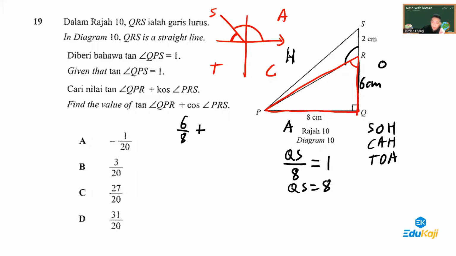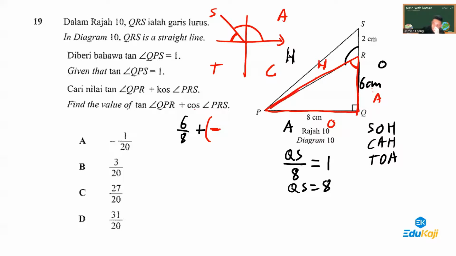S means sine. Only sine is positive. But this is cos, means it should be a negative value. Then I use this angle. Cos is adjacent over hypotenuse.